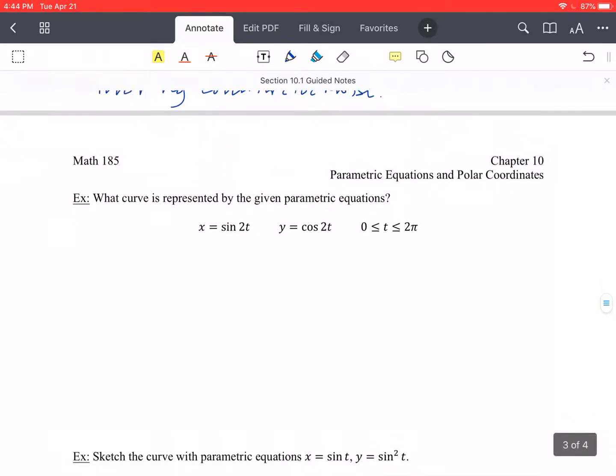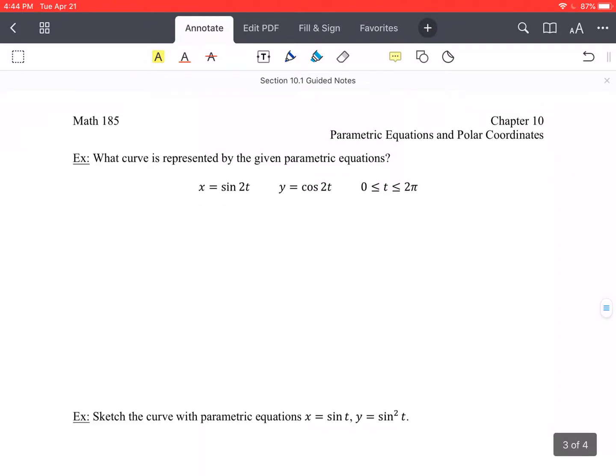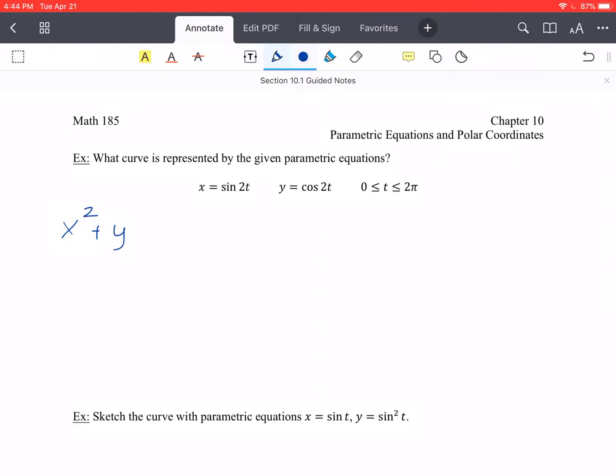Okay. What curve is represented by the given parametric equations? Here we have x equals sine of 2t, y equals cosine of 2t, with t going from 0 to 2 pi. So, again, let's look at that relationship. We have x squared plus y squared equals sine squared of 2t plus cosine squared of 2t.